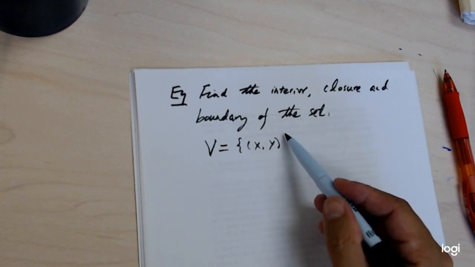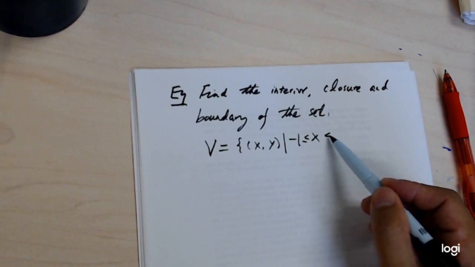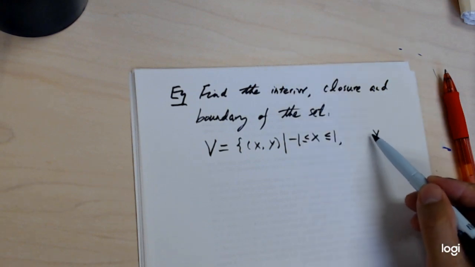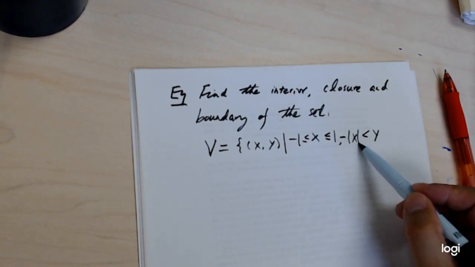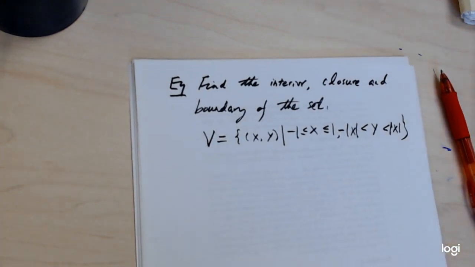So here's the set in R2. X is between -1 and 1, Y is between negative absolute value of x and positive absolute value of x. Let's try to visualize this and then try to sketch the so-called interior and closure.